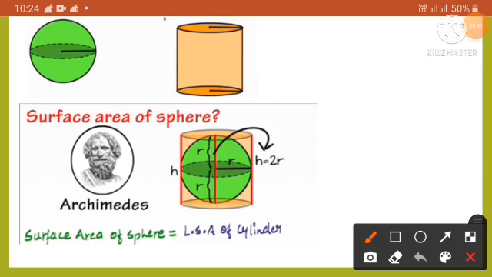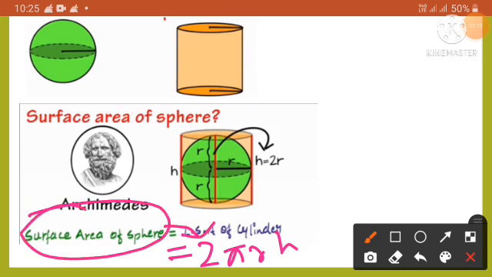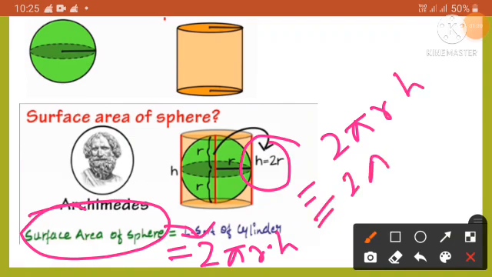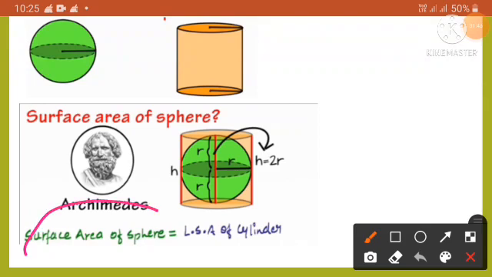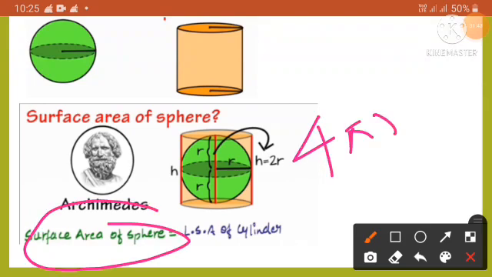The lateral surface area of the cylinder, we know, is 2 pi rh. Now we already got that h is equal to 2r, so 2 pi rh will be 2 pi r times 2r. So ultimately we get 4 pi r square as the surface area of the sphere. So the surface area of the sphere will be 4 pi r square.